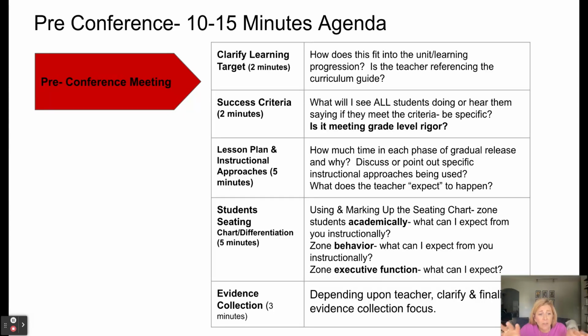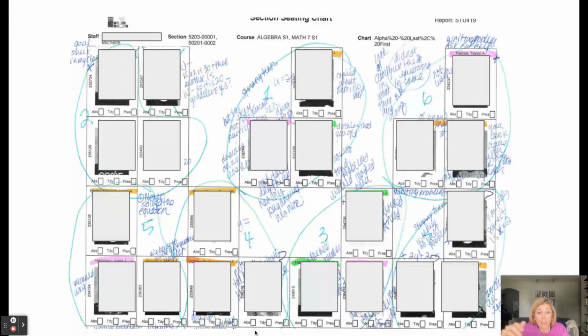I would say, okay, talk to me through your 3 tiers in your classroom. What am I going to expect to see happening? What type of differentiation am I going to see to support student behavior and academic needs during this lesson? And then we would really clarify how I was going to collect the evidence that they wanted to see.